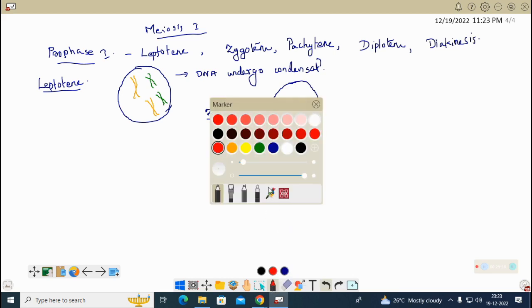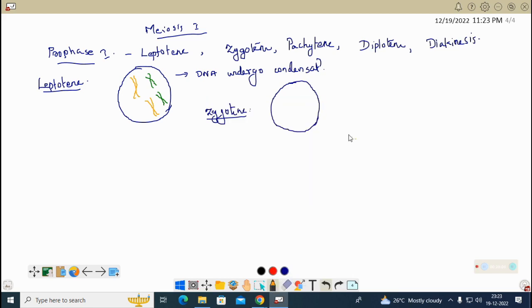See, again, I'm taking the orange color for representing chromosome number 1. This is chromosome number 1 now. We can see this chromosome will go and align parallelly to this chromosome. You see, chromosome number 1 and 1 have arranged parallelly.